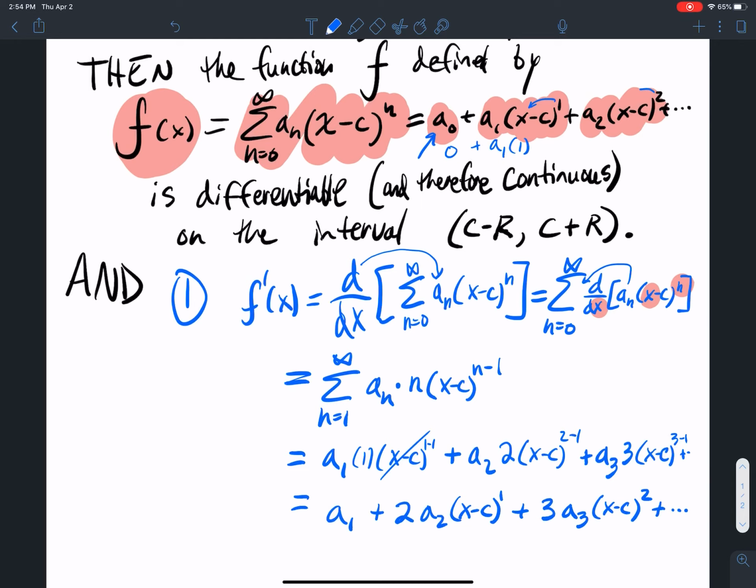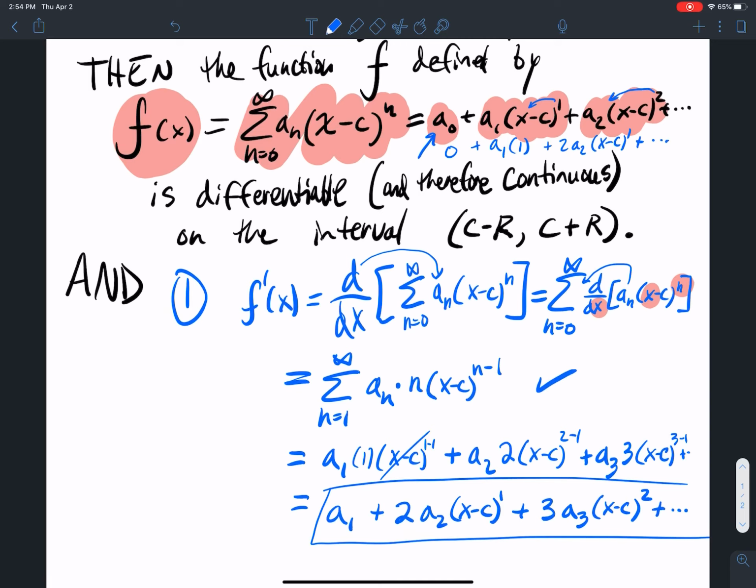And then chain rule, bring the 2 out front, 2 a2 x minus c to the 1, and so on. Y'all see how this is the same thing here? Right? So this, my friends, is what's happening. The first term, the a0 term, is a constant. The derivative of a constant is 0, so that first term goes away.